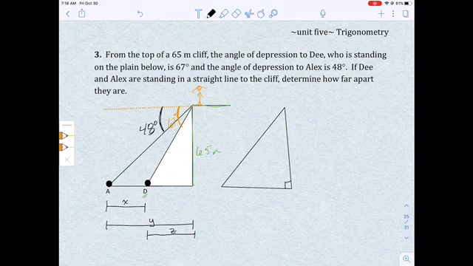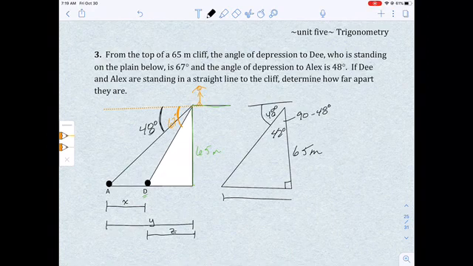And this, of course, was 48 degrees. So therefore, this inside one, 90 minus 48, is going to be 42 degrees. Okay, and this is 65 meters. And so to find that entire distance, y, that's the opposite over the adjacent.